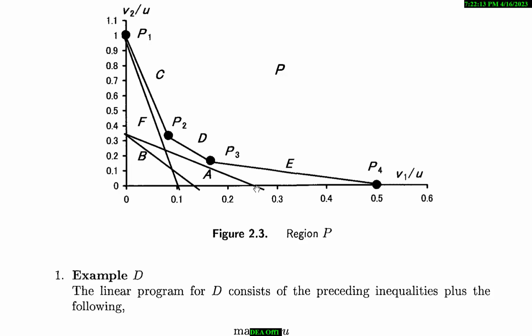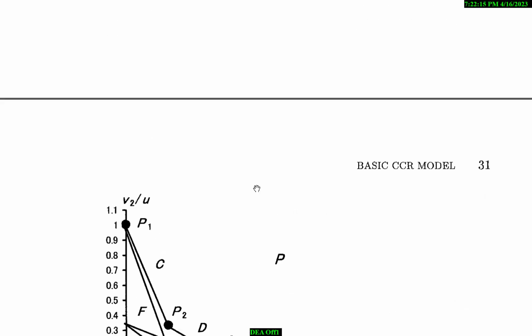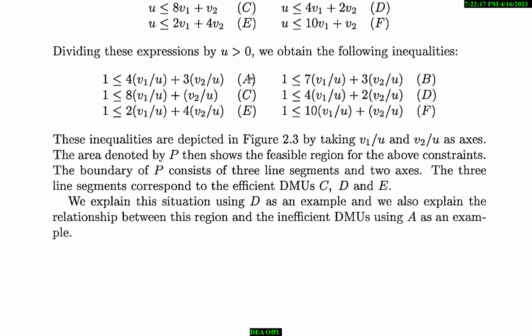These are 2 points on the line corresponding to A. Note that when we put V1 divided by U equal to 0, V2 divided by U will be 1 divided by 3.